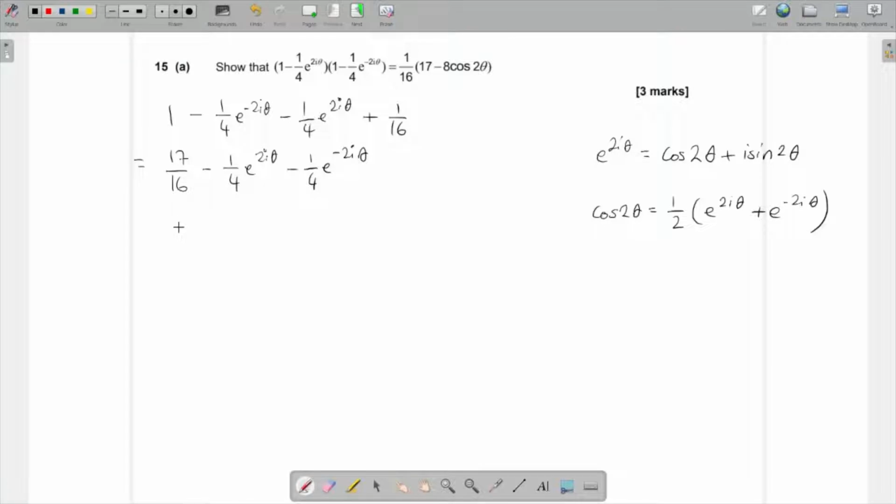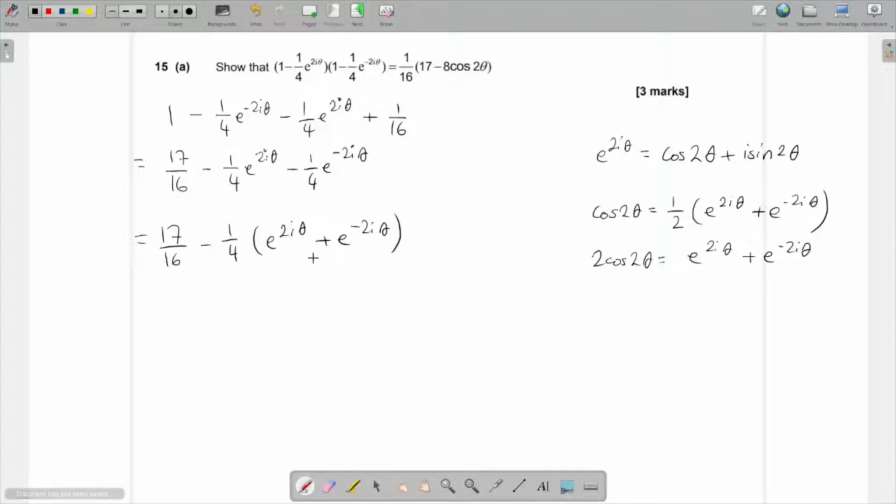So I'm going to do a bit of factorizing here between these two. So it's going to be equal to 17 over 16 minus a quarter of e to the 2i theta plus e to the minus 2i theta. So I can see that this bracket is equal to this bracket, I just have to multiply the two up here. So I've got 2 cos 2 theta, which is equal to e to the 2i theta plus e to the minus 2i theta.